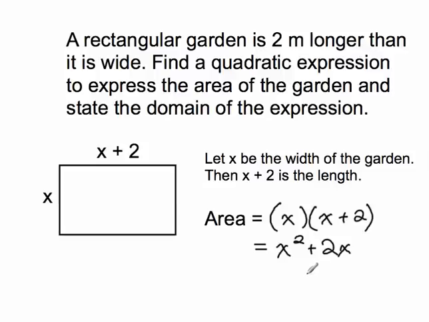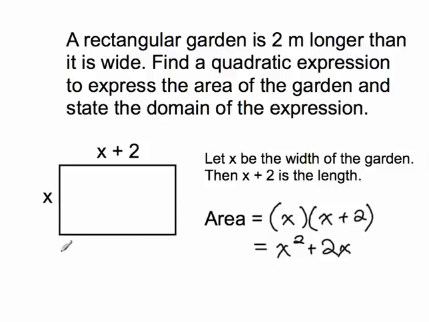Now, you'll remember from last video and from when you studied quadratics before that parabolas, which form the graphs of quadratic equations like this, will go off to the left and the right forever. So x could be anything for this. It could be as negative or as positive as you want. But consider the question.